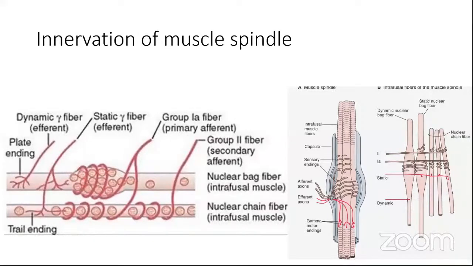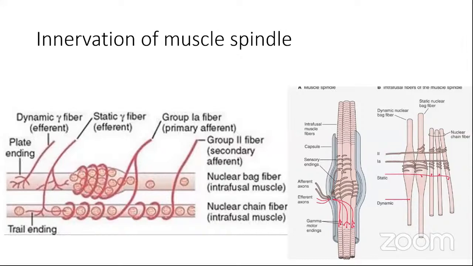The efferent axons that pierce the capsule send the gamma motor endings which supply the ends of the muscle spindle, that are intrafusal fibers.